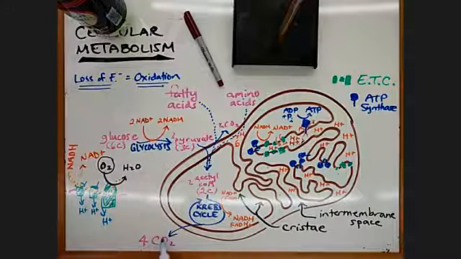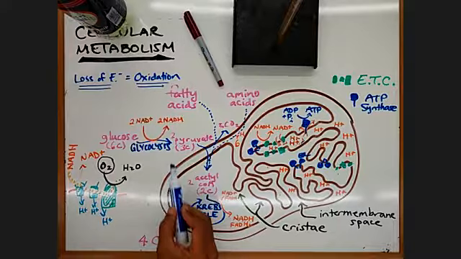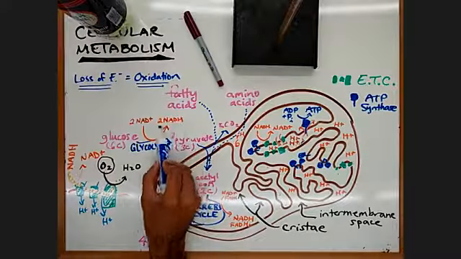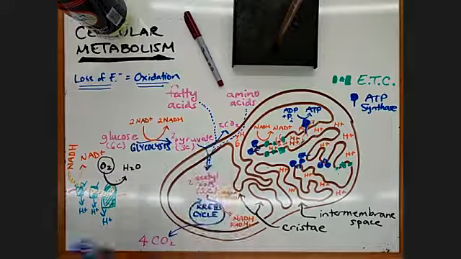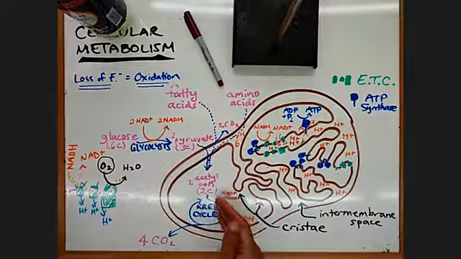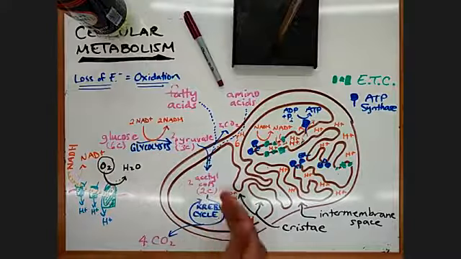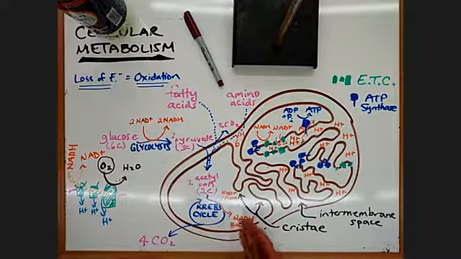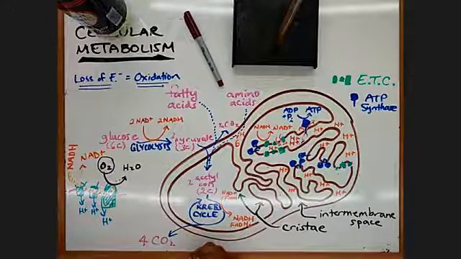Every step of the way, electrons are harvested and given off to an electron carrier. That's our NADH. And again, we're doing this at all of these steps, at the glycolysis step, the pyruvate to acetyl-CoA step, and the Krebs cycle step.